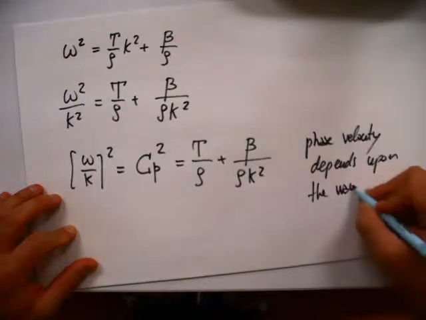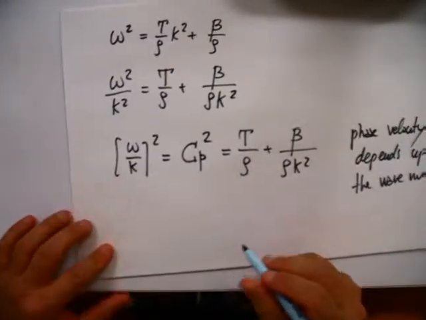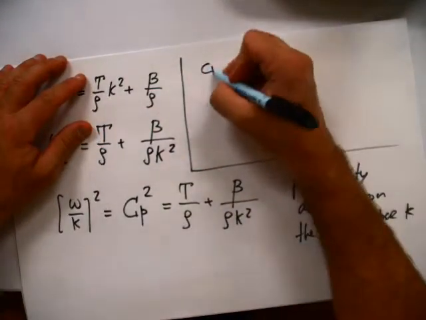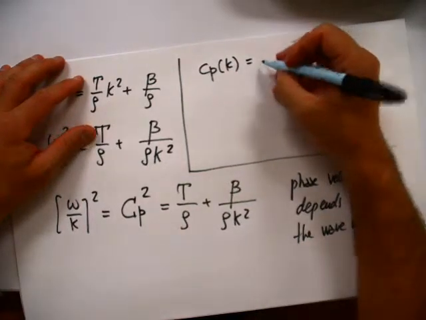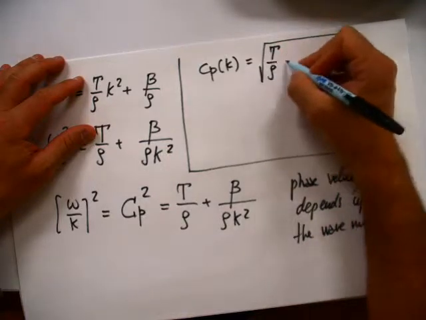Actually, if we plot this relation, Cp as a function of k is equal to the square root of T divided by rho plus beta divided by rho k squared.